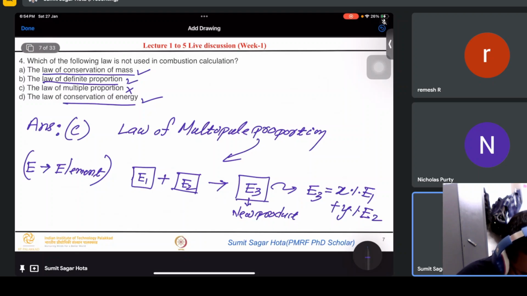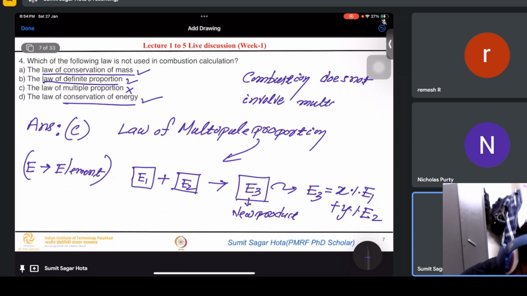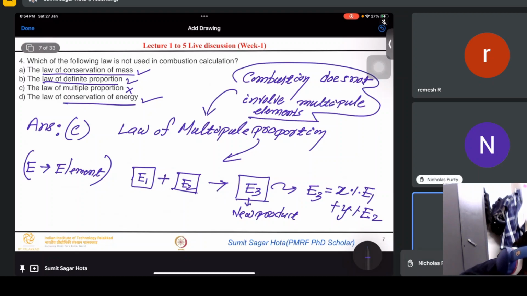In combustion, we don't use multiple elements together at a time. Do you have any doubt?